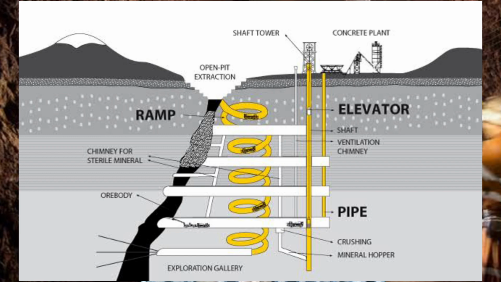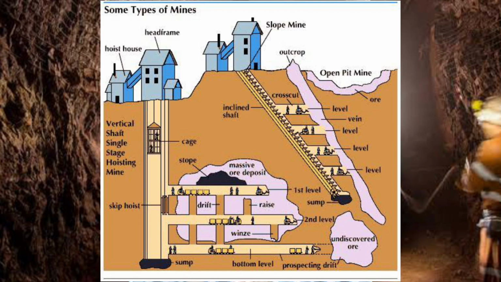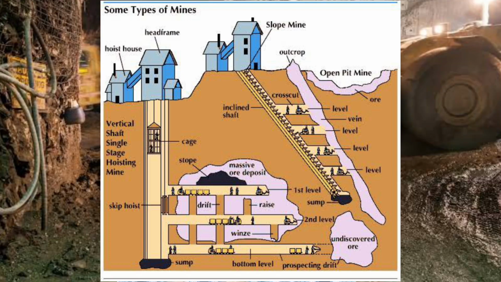Just see the figure and what the terms are here. Just see incline, what is incline, what is adit, tunnel, what is ore body, and what is stope? What do you mean by stope? What is drift? What is cage? And what is shaft?